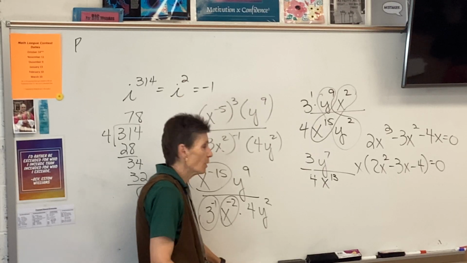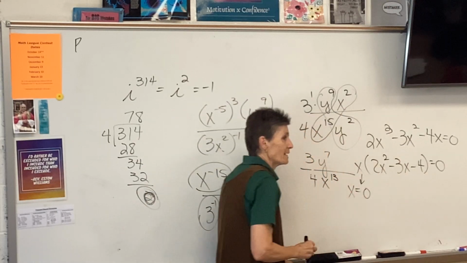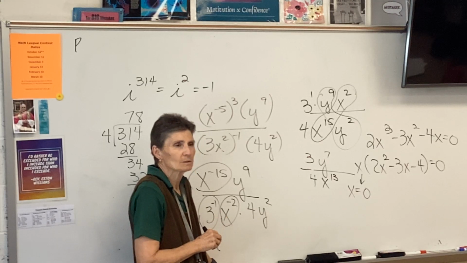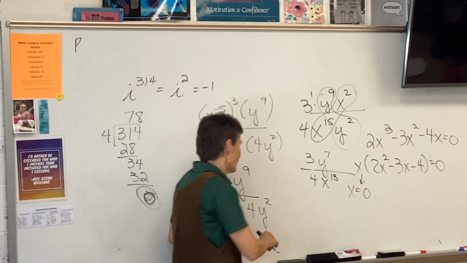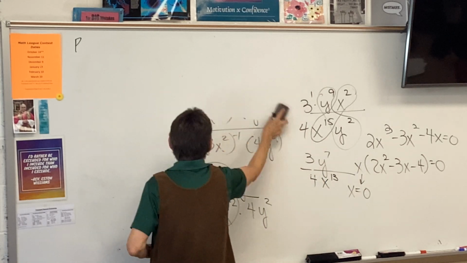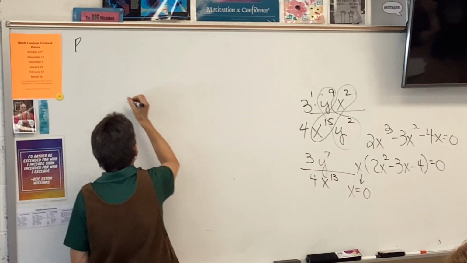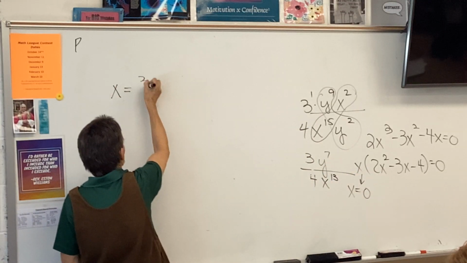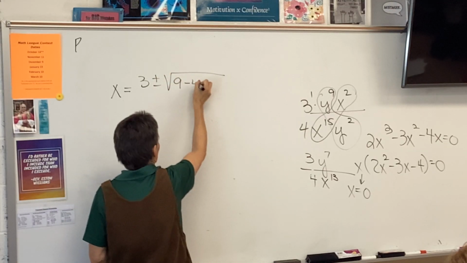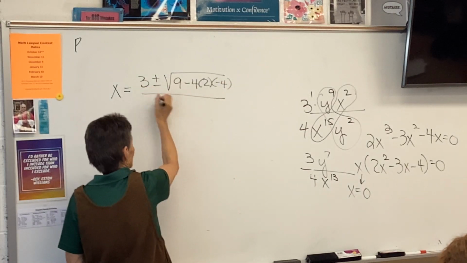So what am I gonna do? I know one of my answers is 0. This tells me that one of my answers is 0. How am I gonna find the other 2? Quadratic formula. Absolutely, we'll use the quadratic formula. After all, it's a quadratic. So x equals negative b plus or minus the square root of b squared minus 4ac all over 2a.